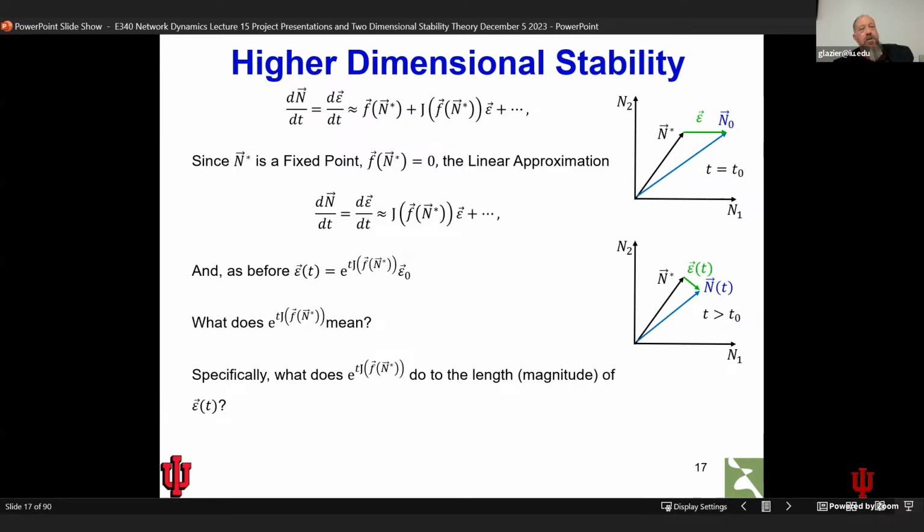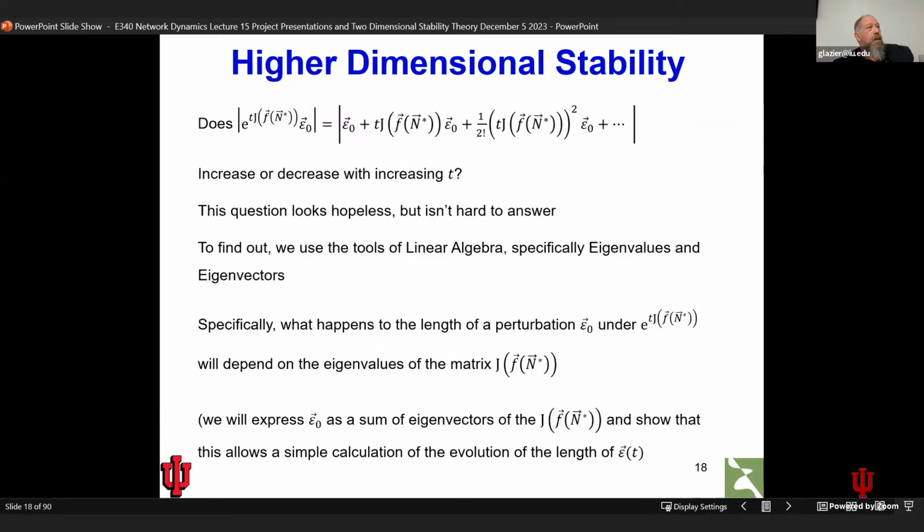And it may seem strange to exponentiate a matrix, but in fact, you can do that. Exponentiation can be defined in terms of its Taylor expansion. And if you have a square matrix, you can exponentiate a square matrix. And that looks like a mess.